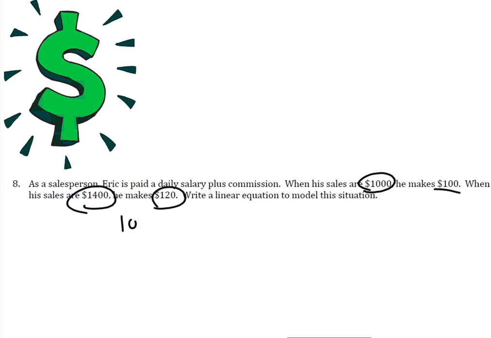So here's my data. I've got 2 points, 1,000, 100, and 1,400, 120. So now that's my 2 points. From there, I'm going to figure out my slope.